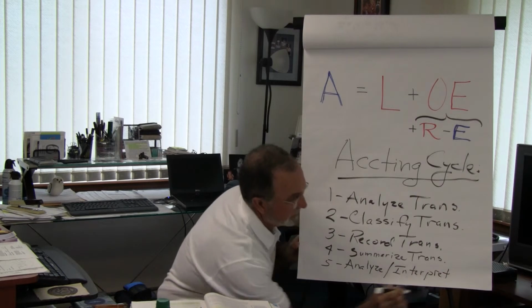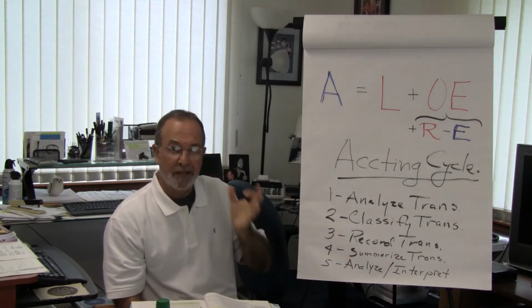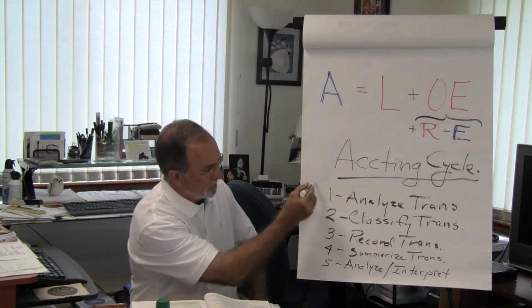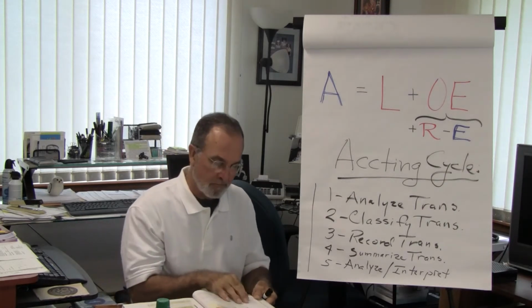This time we are not analyzing transactions individually, rather we are analyzing our finished product, which is our financial statements. So these are the major steps in the accounting cycle.